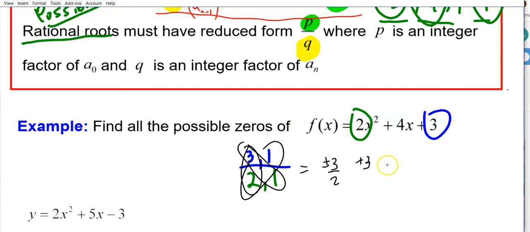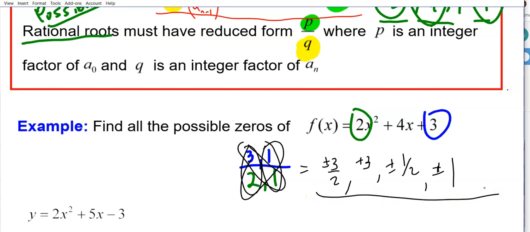Factors with 1 in the denominator, that'd be plus or minus 1/2. And factors with 1 also would be plus or minus 1/1, which is 1. So there are actually 4 possibilities, but all of them are plus or minus, so 8 possibilities. Those are the possible rational zeros.